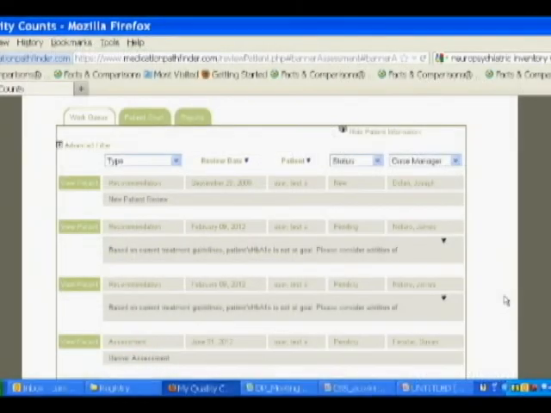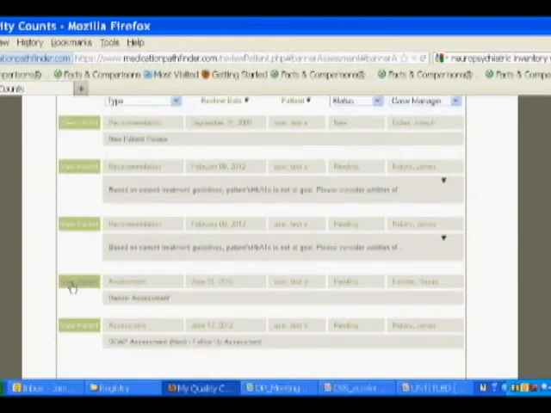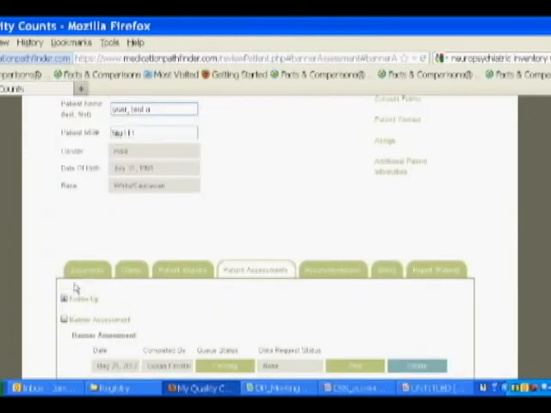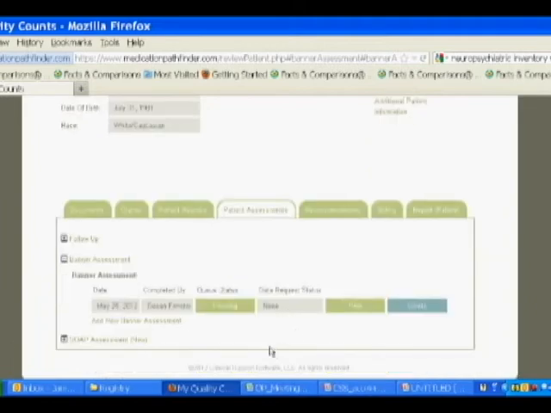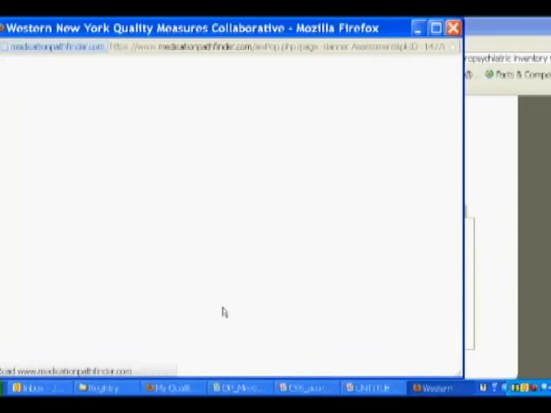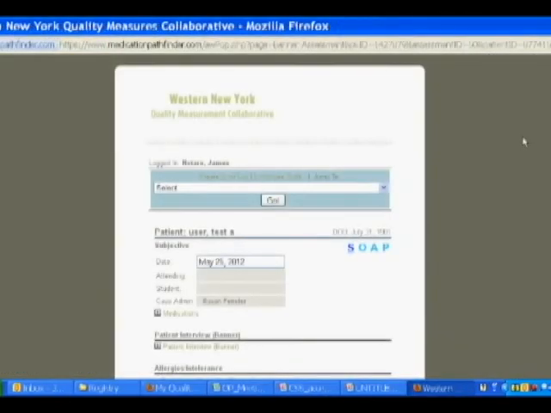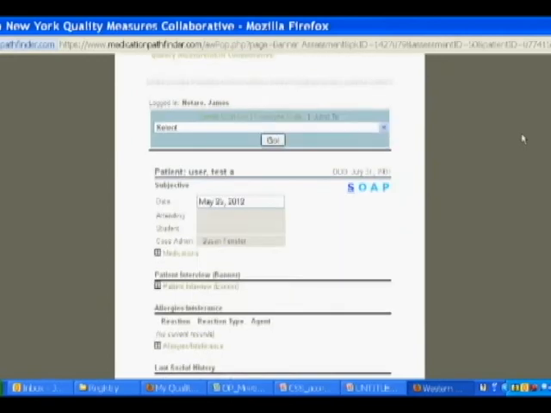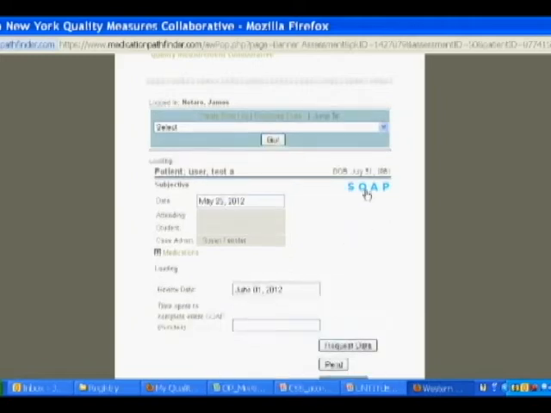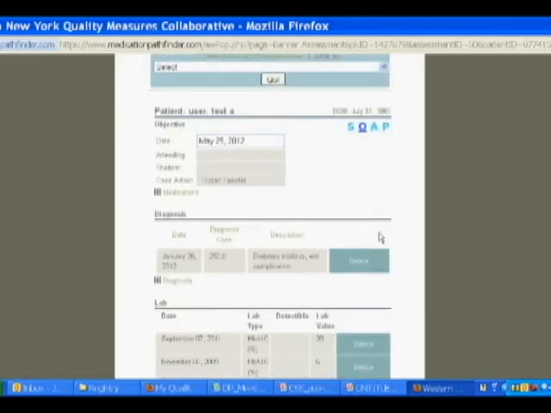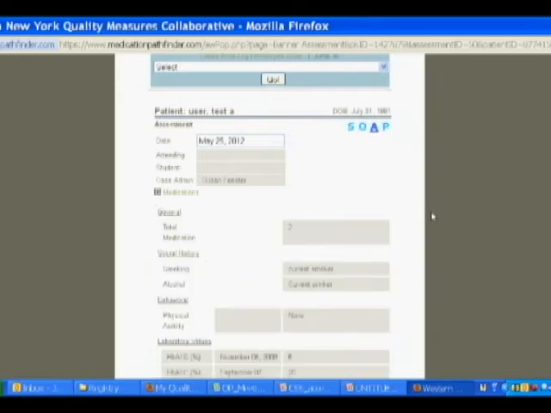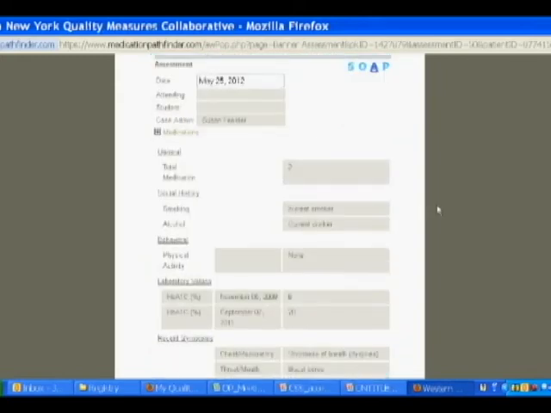So how would this work from a care management perspective? Well, if a patient had a pending assessment in the work queue, the system would take you directly to that assessment. And when you open up that assessment, you would be asked to evaluate the patient, both from a subjective perspective, interviews with the patient, evaluation of the patient, and an objective perspective, things like diagnoses and lab information. And that information would come together to form a profile of the patient, the assessment.